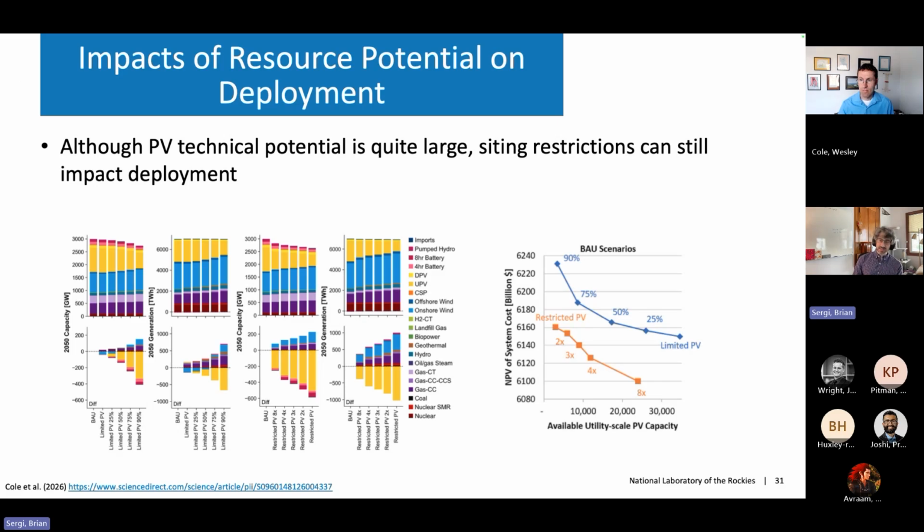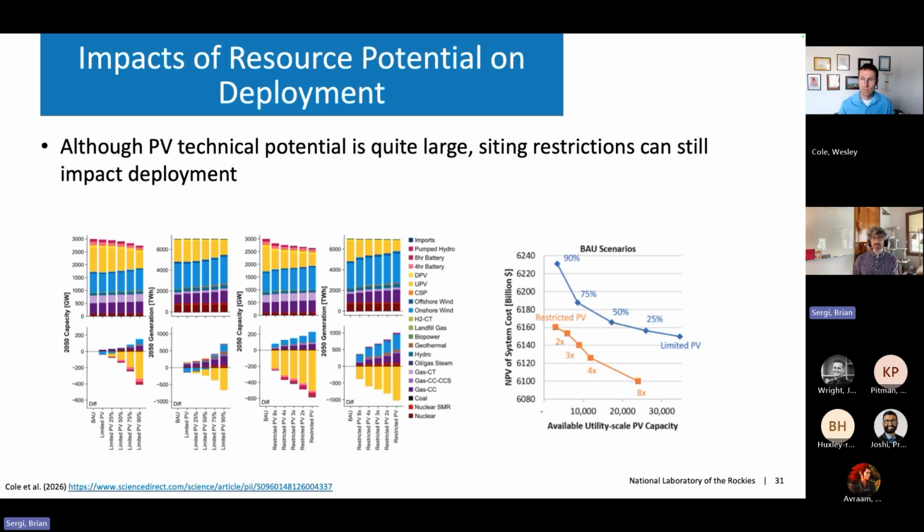And again, similar with the wind, you notice that depending on the stringency of the siting exclusions and restrictions, you do end up deploying a different technology mix. So the more restrictive it is, at least for solar, then you see less solar deployment, and you're building other technologies, in this case, mostly a mix of gas and wind, but also sometimes geothermal, to try to balance that out. And that has impacts on your total system costs.